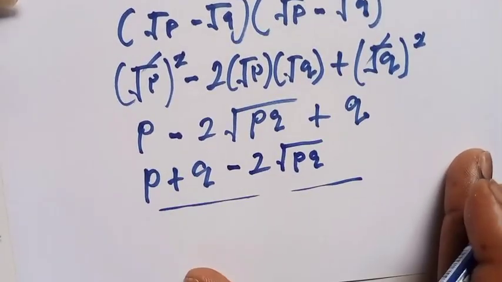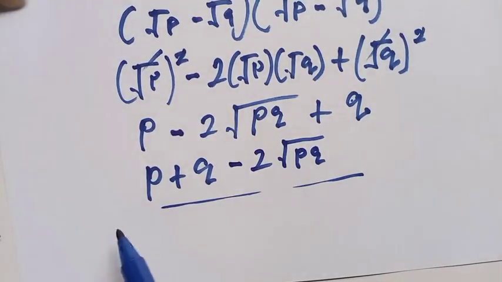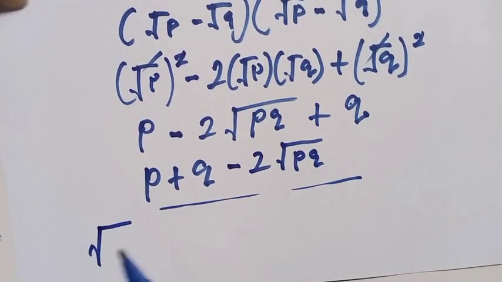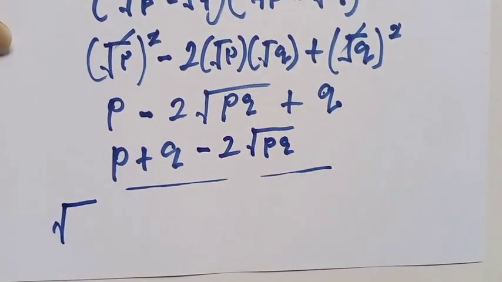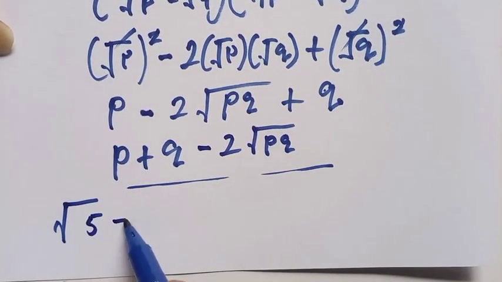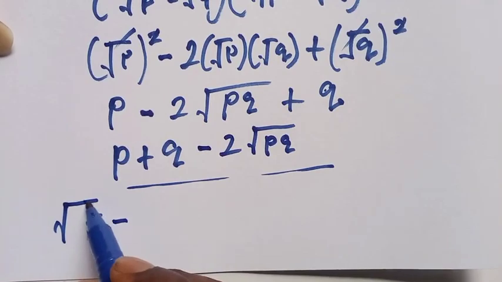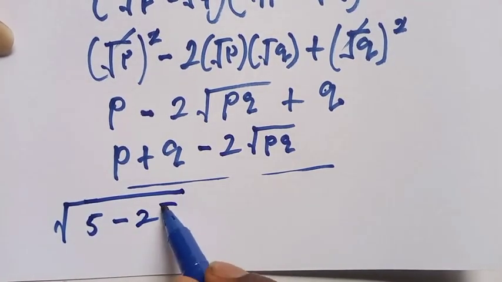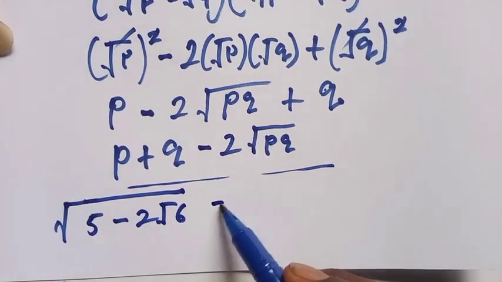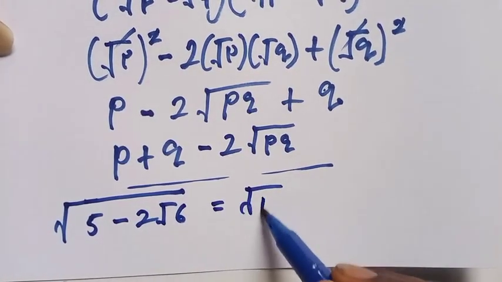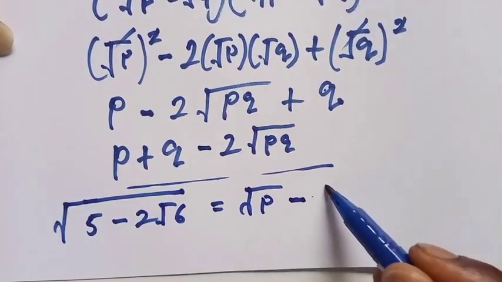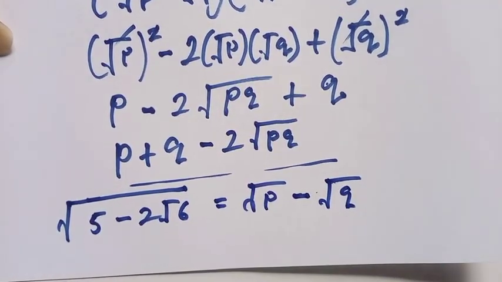So we can then say that root 5 minus 2 root 6 is equal to root p minus root q.